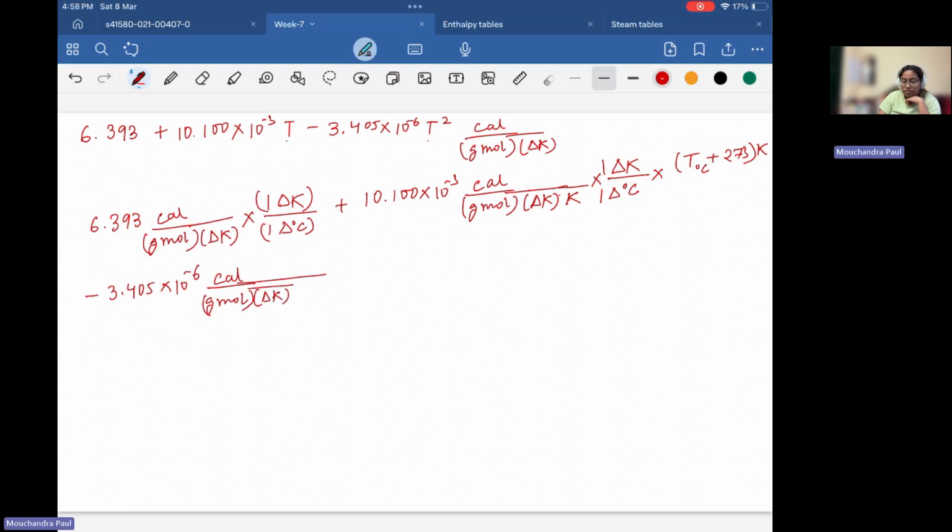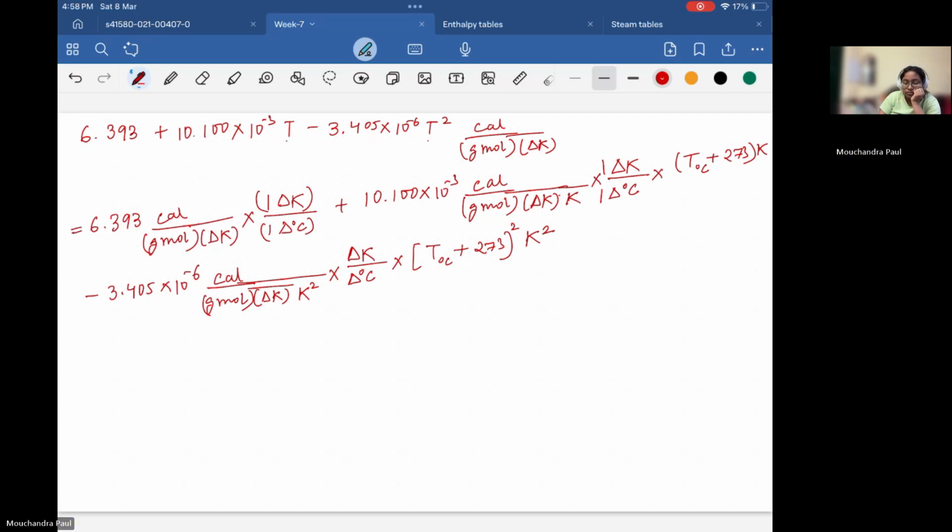Now here note, there is T squared, so there will be a K squared term here now in the denominator. 1 delta Kelvin is equivalent to 1 delta degree Celsius. And here temperature, that is in degree Celsius, plus 273. This whole term will be squared, to give you this.